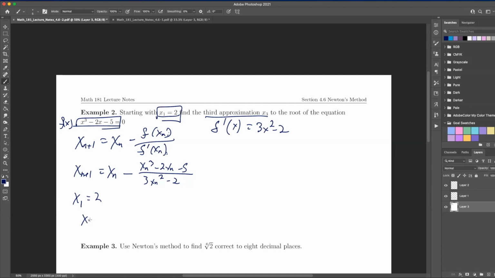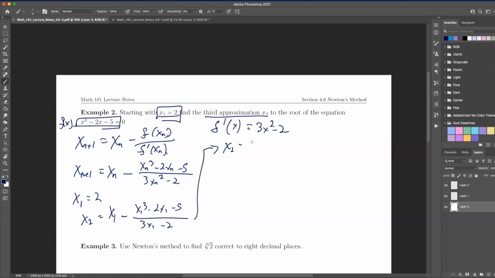x2, so x_n plus 1 will be found by finding x1 minus (x1 cubed minus 2x1 minus 5) over (3x1 squared minus 2). Let's go ahead and bring that up. Now let's plug in what we know. What is x1? It is 2, right?